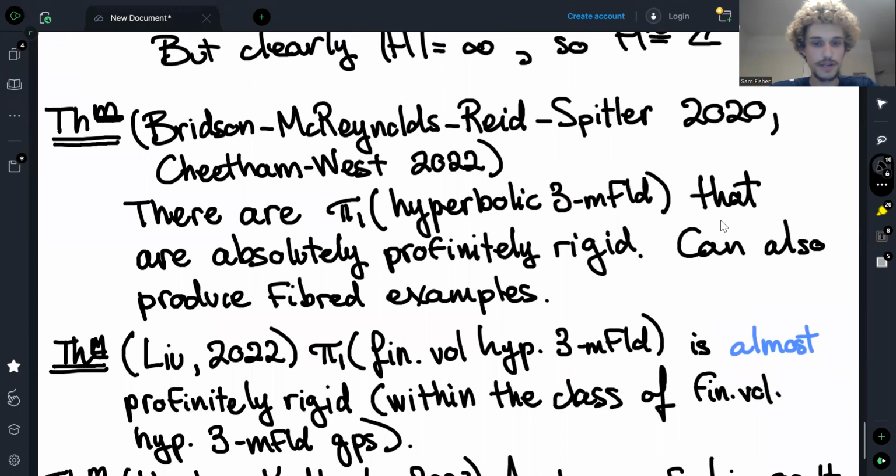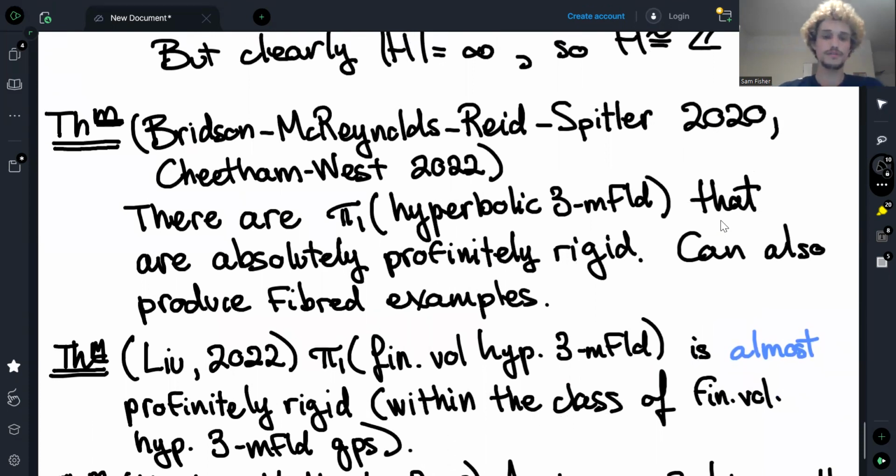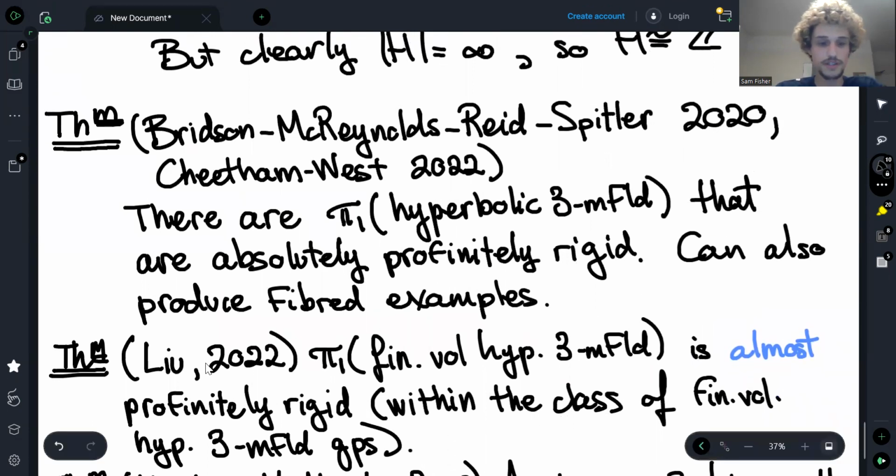Okay, next, this is another really nice result of Yi Liu from 2022. He proved that the fundamental groups of finite volume hyperbolic three-manifolds are almost profinitely rigid. Maybe before I say this, I'll say what almost means.